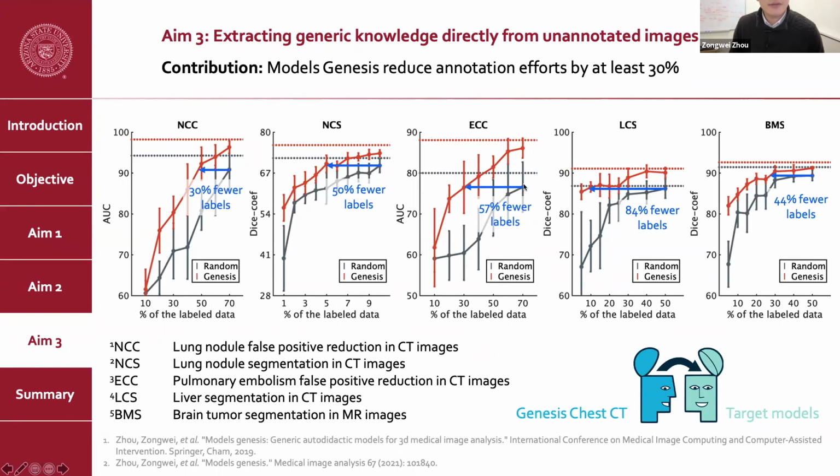You can see that to achieve similar performance as random initialization, we need 55 fewer labels. And the same story happened in the other 4 applications. So in total, we found that it can reduce annotation cost by at least 30%.